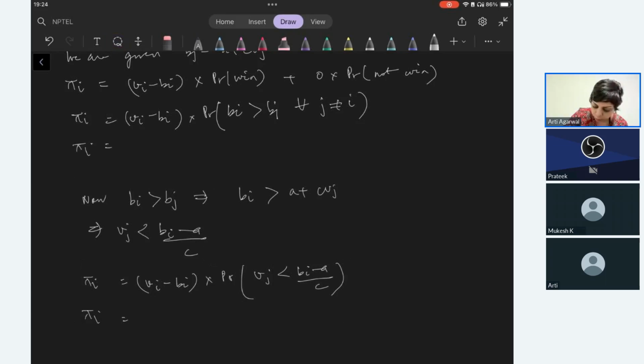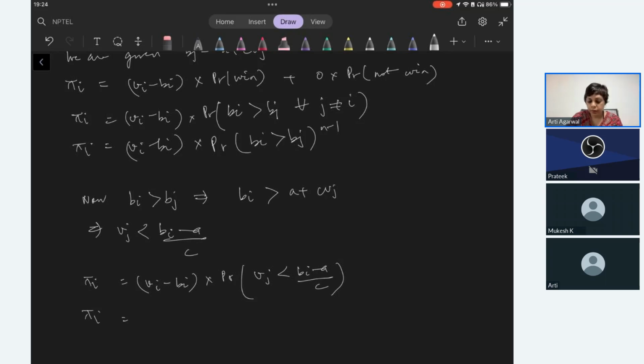let me simplify this, is equal to probability Bi greater than Bj, to the power n minus 1. Because when we say for all j not equal to i, we are obviously talking about n minus 1 of these things.